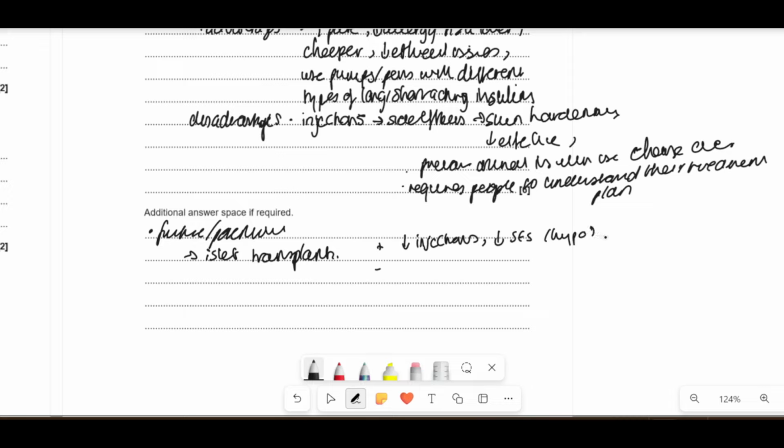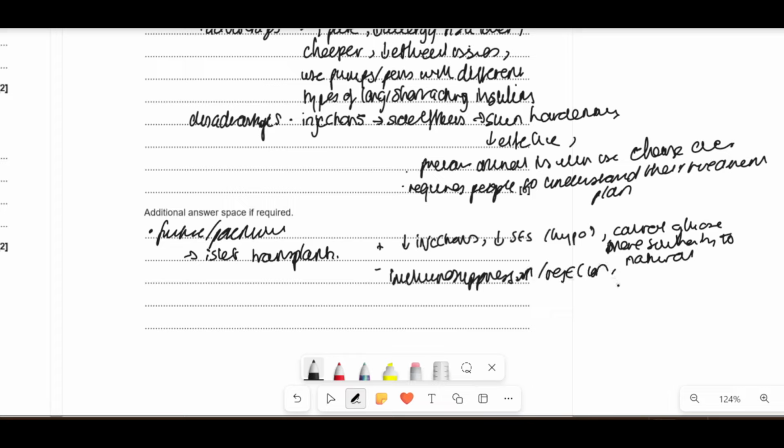As well as that, it can control glucose more similarly to natural, rather than having to do it yourself manually. The disadvantages is that you'd need to use immunosuppressive drugs, or you could get rejection. We also need to rely on available donor tissue. Those are the problems with transplants.